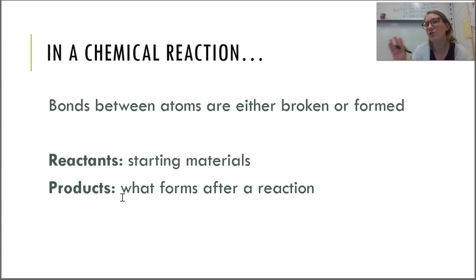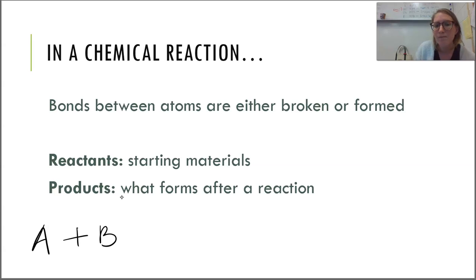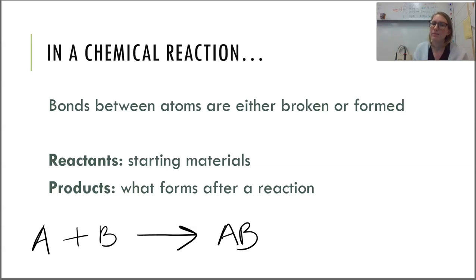If you take chemistry next year, you'll learn much more about this, but for our purposes, if you have compound A plus compound B and you add them together, you would get compound AB.